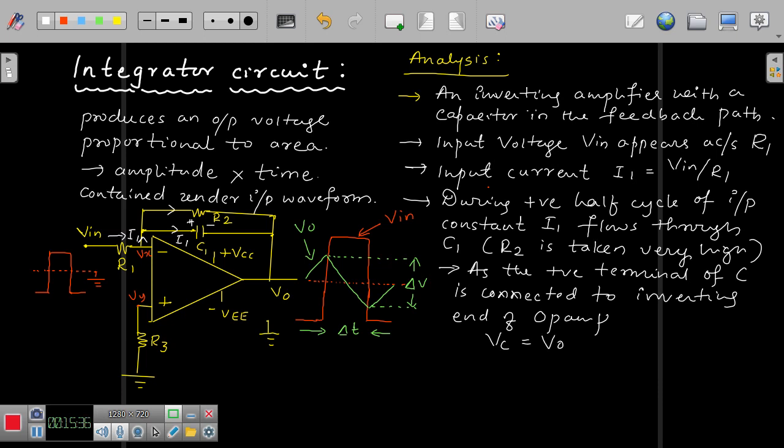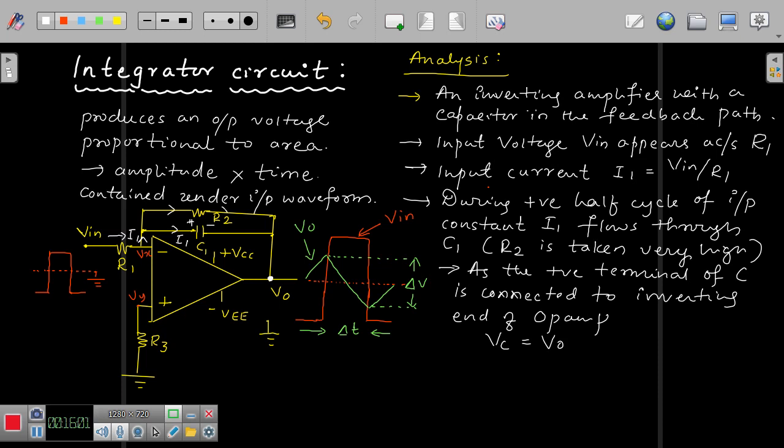All of you agree with me, is it not? As long as there is no voltage drop, or as long as there is no current through R2, when the capacitor is getting charged in this way, this V naught, whatever we are finding, is nothing but the voltage across the capacitor, right? So Vc is equal to V naught, or you can even take it as minus V naught, as far as polarity is concerned.